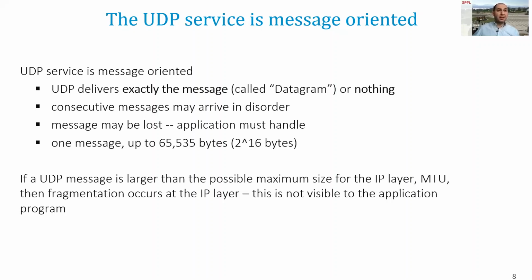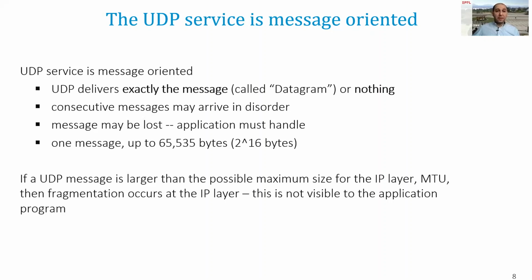It does not segment the data or apply any fragmentation on this data. It just sends the data as it is to the other endpoint. It's not reliable. This means that if there is a loss in the network, UDP does not do anything to recover this loss. If the application cares about this loss, it is up to the application to handle it.